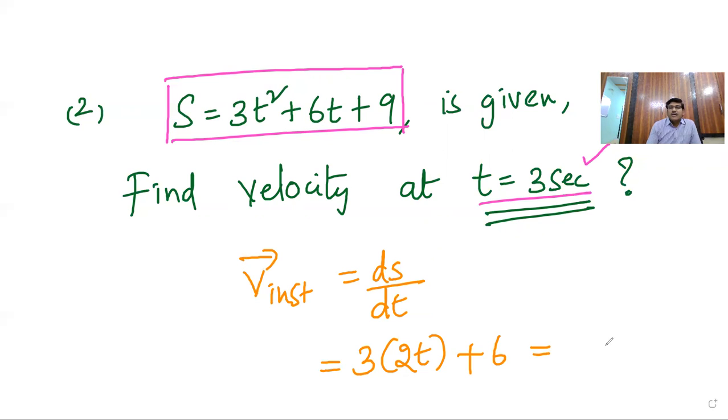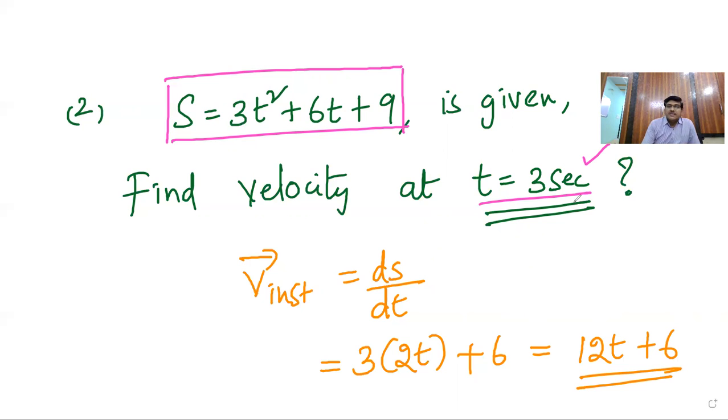So this becomes 12t plus 6. T square differentiation is 2t, t differentiation is 1, constant differentiation is 0.